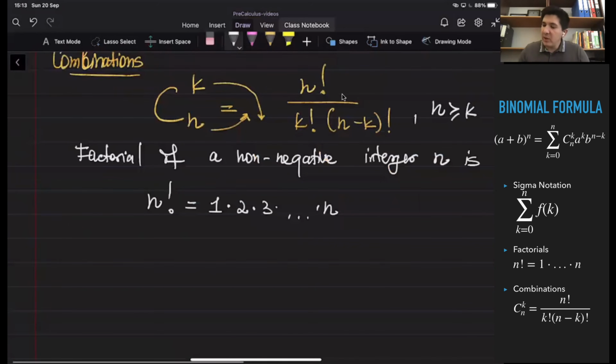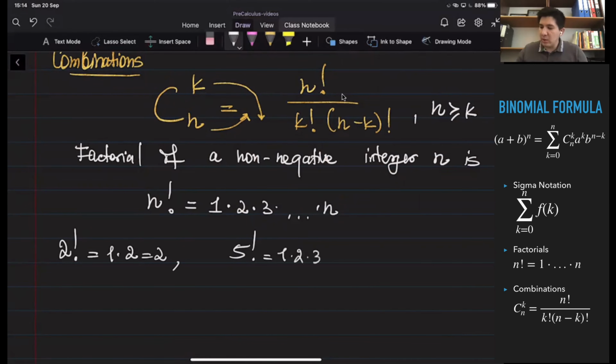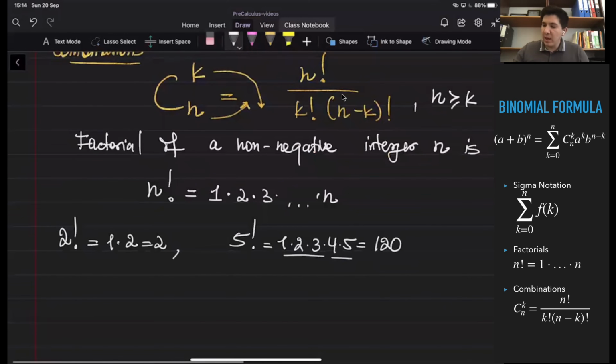Basically, if you need to calculate 2 factorial, it's going to be 1 times 2, which is 2. If you need to calculate 5 factorial, you need to multiply the numbers from 1 until 5: 1, 2, 3, 4, 5, which is equal to 6 times 20, which is 120. In general, you should also know that 0 factorial is equal to 1 by the definition of the factorials.